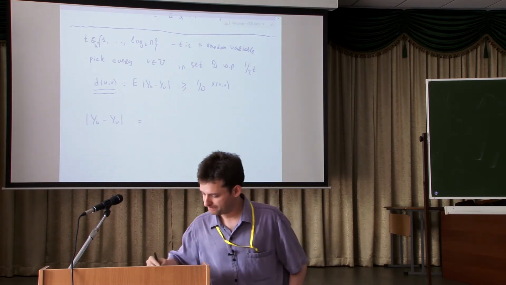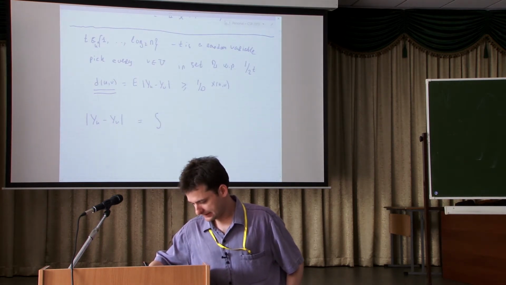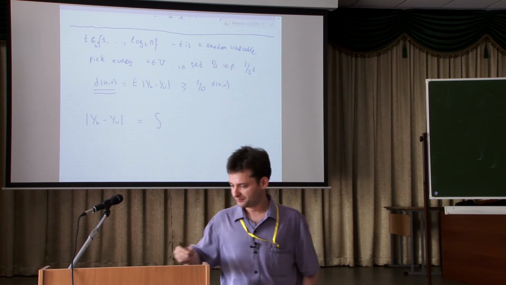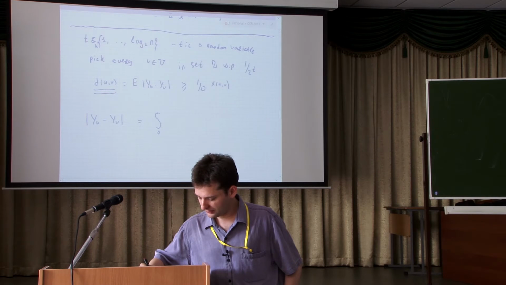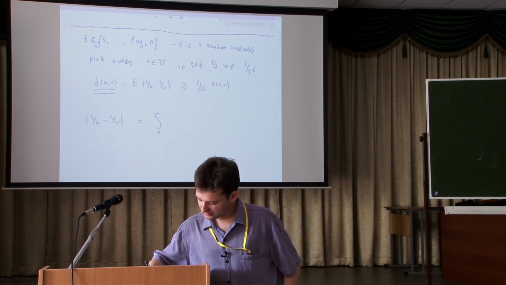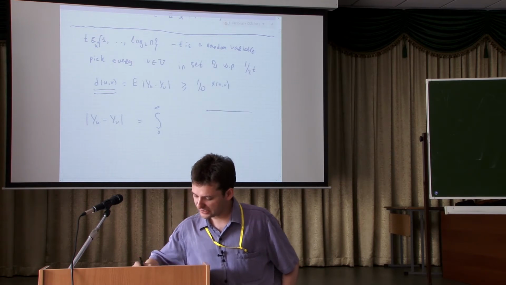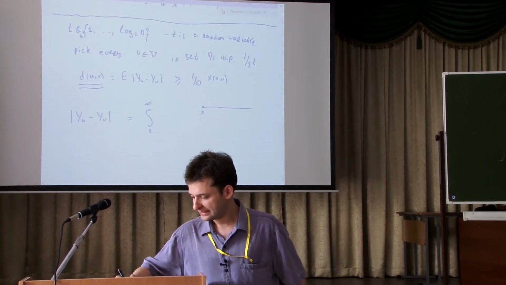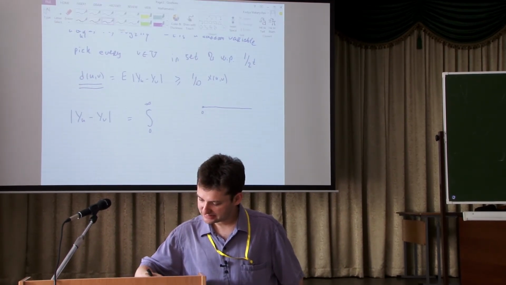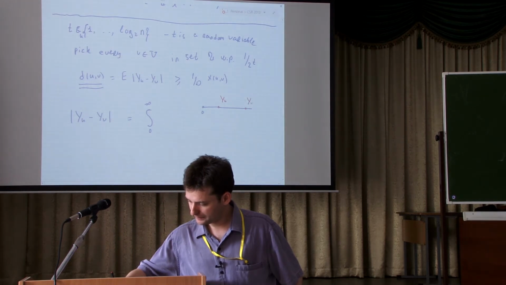How can we write it? We can rewrite it in some funny way, as an integral from 0 to infinity. Let me draw a picture. So yu and yv in our case are some non-negative numbers, distances to the set Z. So we have somewhere yu and somewhere yv.